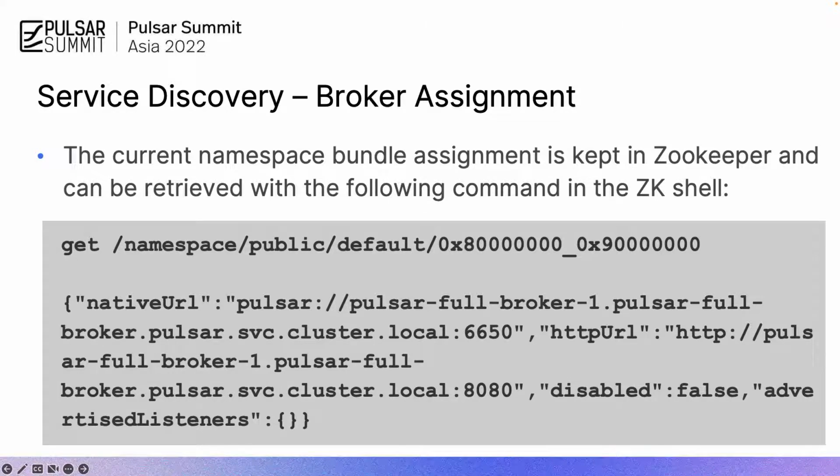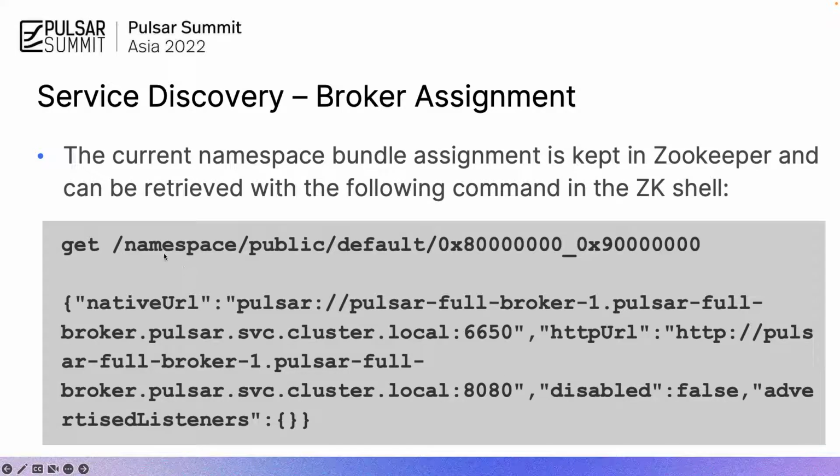An additional piece of information kept in service discovery is broker assignment metadata, so Pulsar knows which broker to route incoming client requests to based on the topic name. This metadata changes whenever the broker performs an automated load balancing operation or if an unload command is issued.